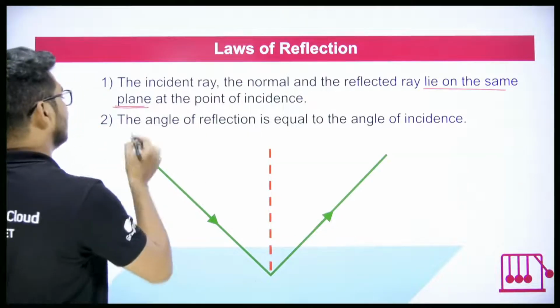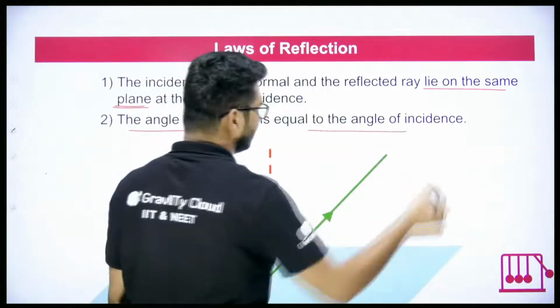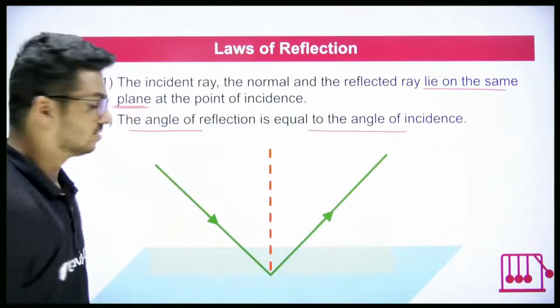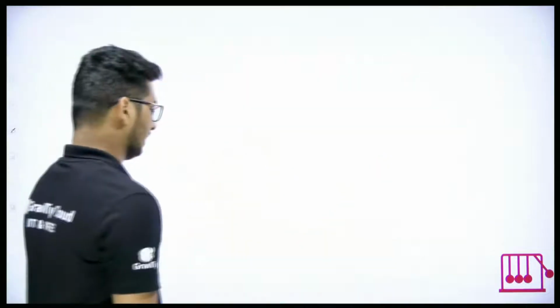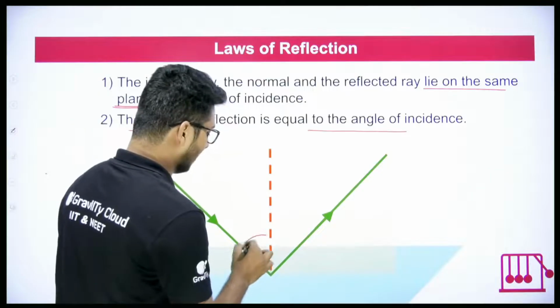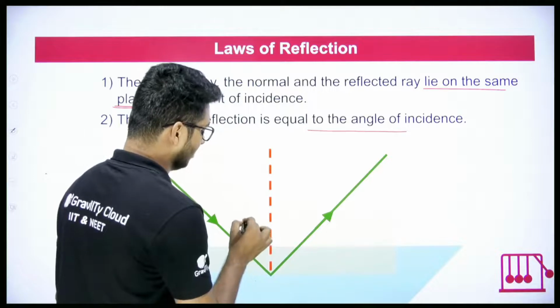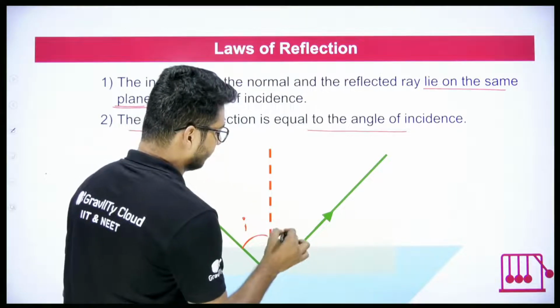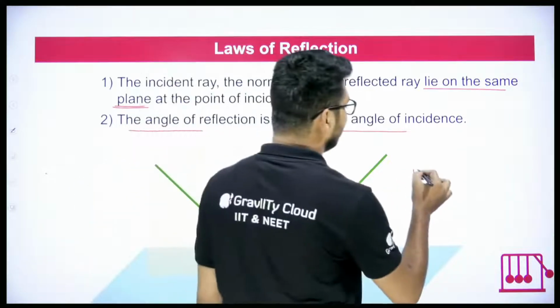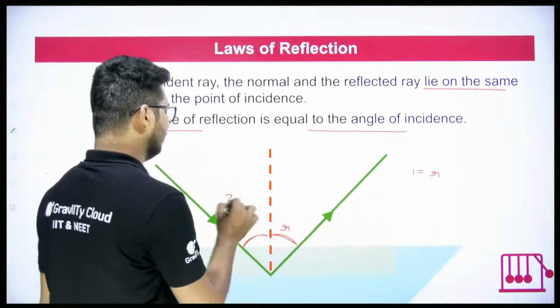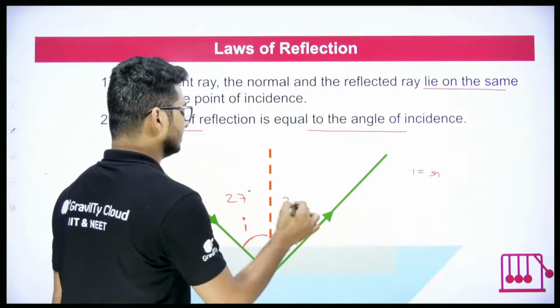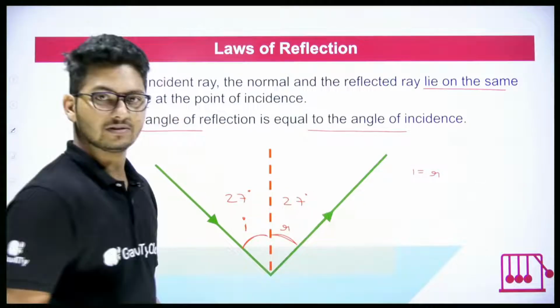And the second law is very simple. The angle of reflection is equal to the angle of incidence. This is the angle of incidence i, and this is the angle of reflection r. i will be equal to r. That means, for example, if i is 27 degrees, r will be 27 degrees.